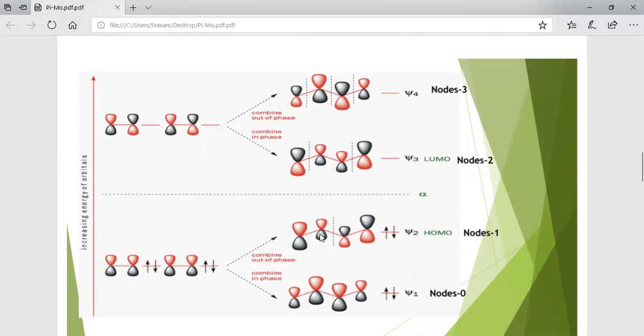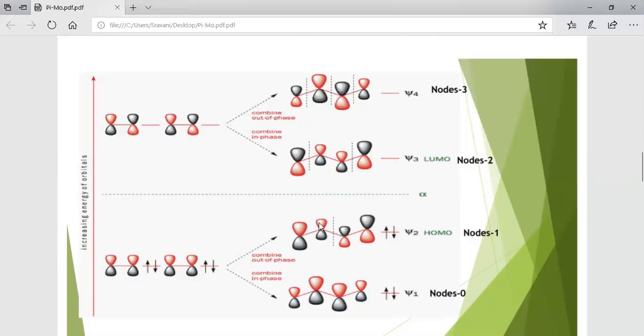Coming to C2 and C3, this lobe is the C2 lobe, positive, whereas the C3 lobe is negative. We should notice this point where there is a node. There is zero electron density, because of the oppositely charged lobes of the p atomic orbitals.